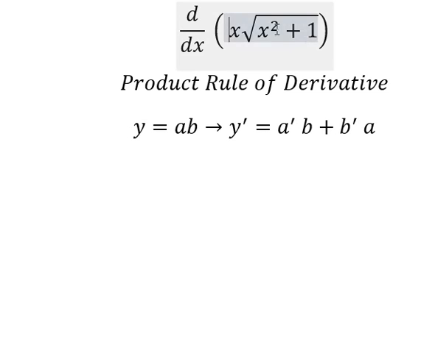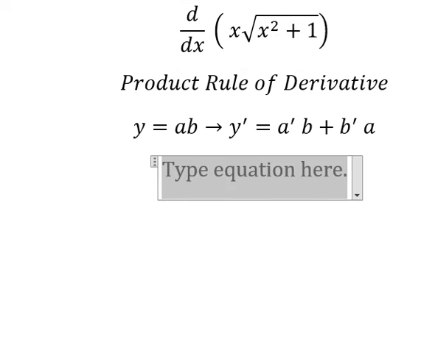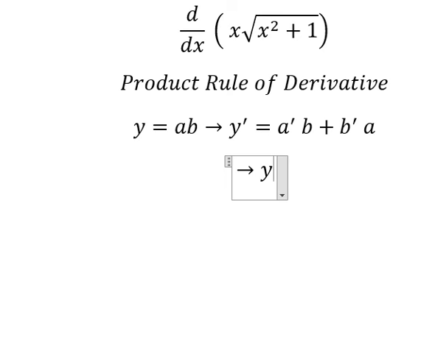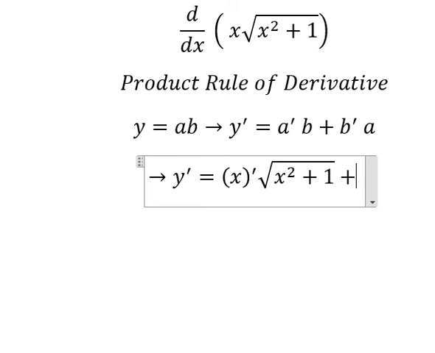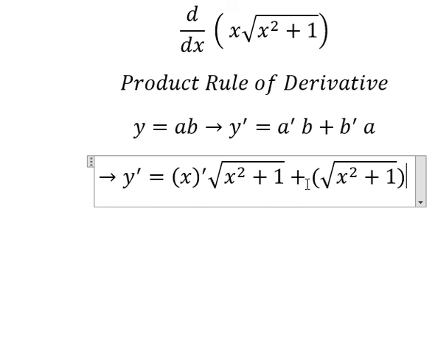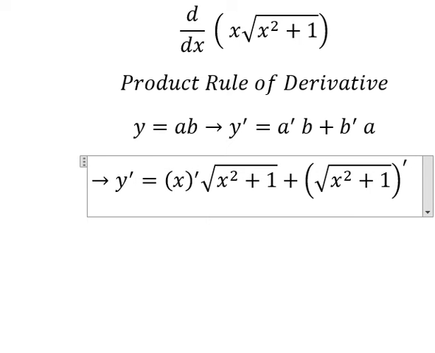So for this one, we have like this. So we need to do first derivative of s multiplied by this one. Later, we do first derivative of the square root multiplied by s.